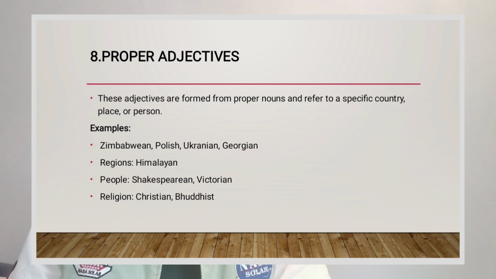For example, Zimbabwean, it is a country where I come from, called Zimbabwe. So I am Zimbabwean. Then another example would be Polish, from Poland. That's where people whose proper names, the proper nouns, were inflected because of various activities or achievements.